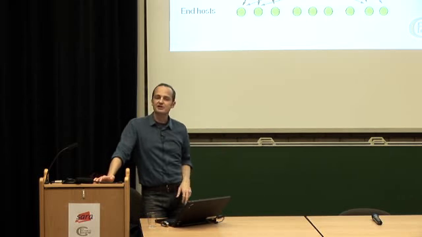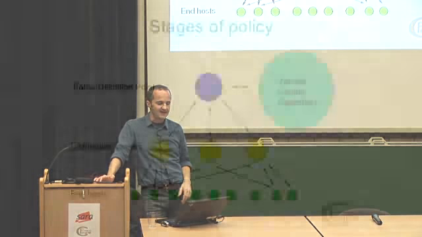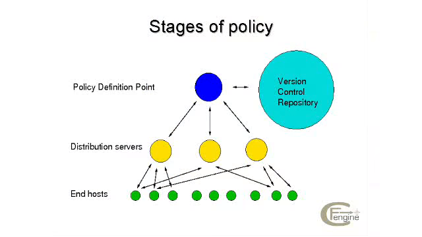But each one of these machines is looking after itself and has cached the information from this policy definition point so that if we now cut through these connections, these wires, all of those green and yellow machines will continue to work and be protected.